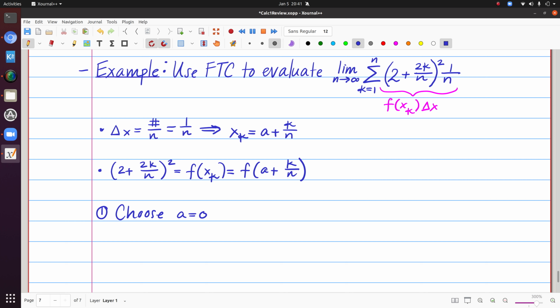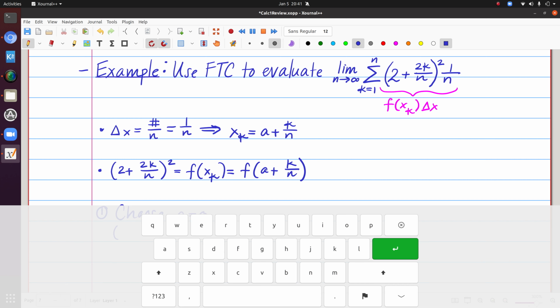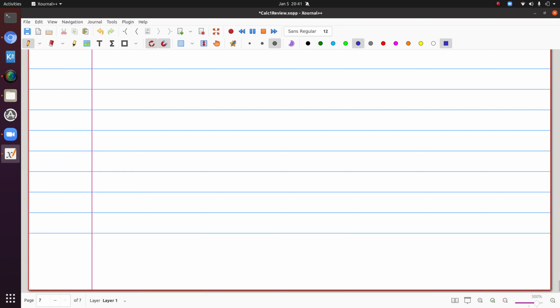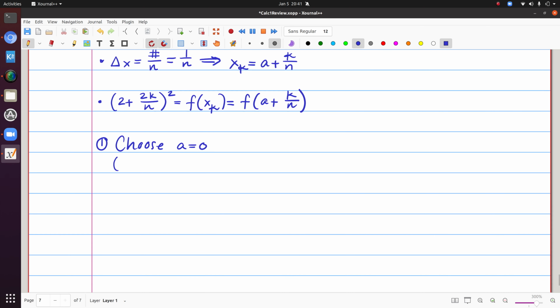If we choose a to be 0, then what I'm really doing is I'm taking 2 plus 2k over n, quantity squared, and I'm matching this up to f of 0 plus k over n, or just f of k over n.